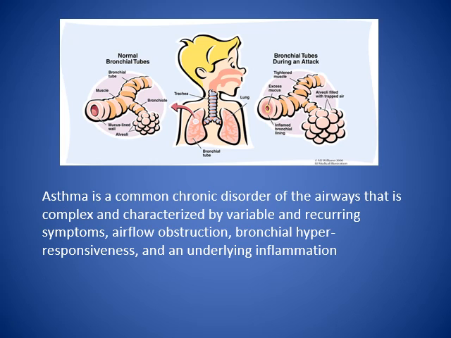So asthma is the number one, or one of the leading causes of chronic disorders in children of the airways. It's complex, characterized by variable and recurring symptoms, airflow obstruction, bronchial hyperresponsiveness, and underlying inflammation of the airways.